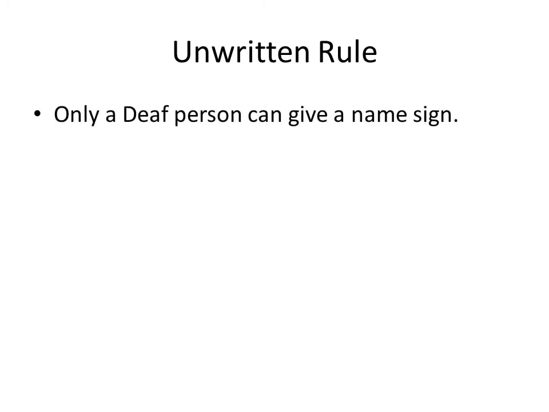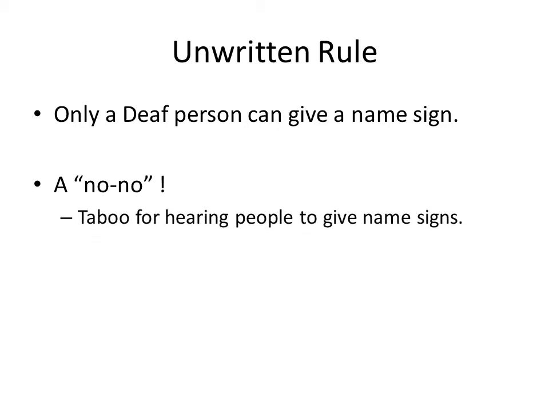There's an unwritten rule in the deaf culture that only deaf and hard of hearing persons can give individuals name signs. It is taboo for a hearing person to give a name sign. Some argue that hearing ASL teachers can give name signs for use in class only.